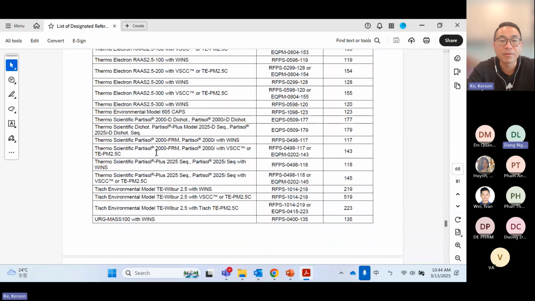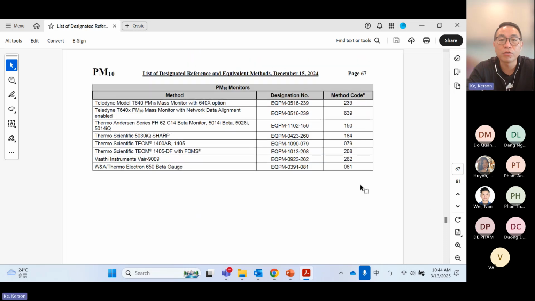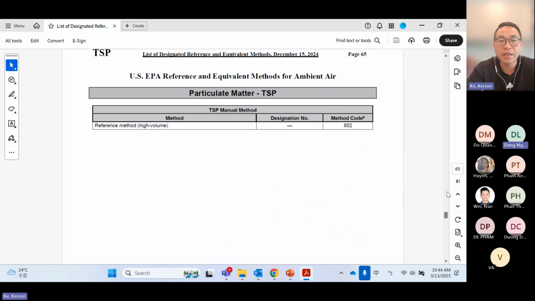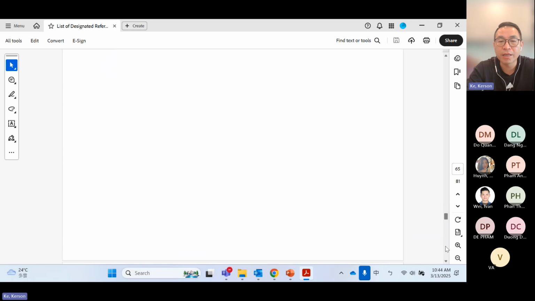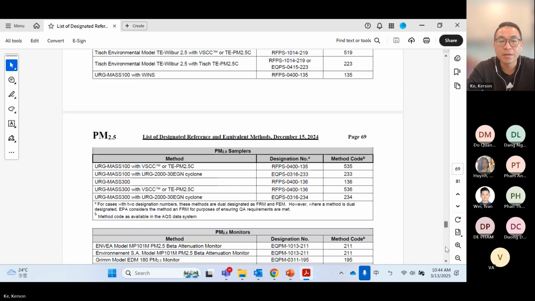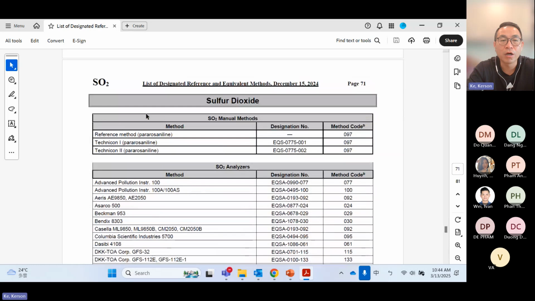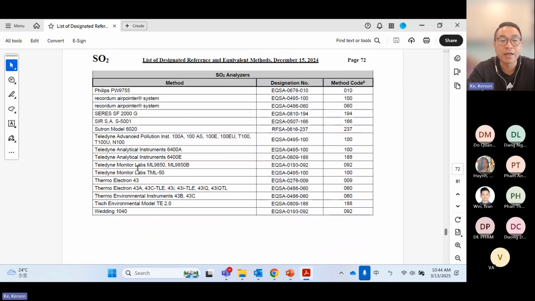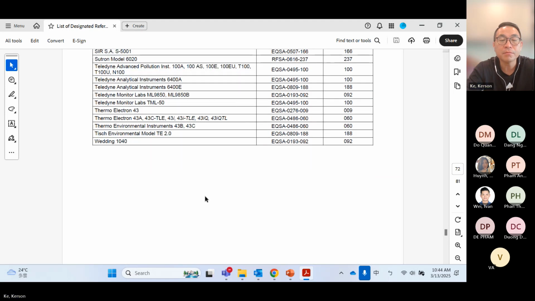Or you can see this document. Pardon? Could you send me this document? Sure, no problem. Yeah. Thank you. So it's PM10, and for other gases, SO2, they also have a clear list on that. And for Thermo, we have the 43i Trace Level and 43iQ.